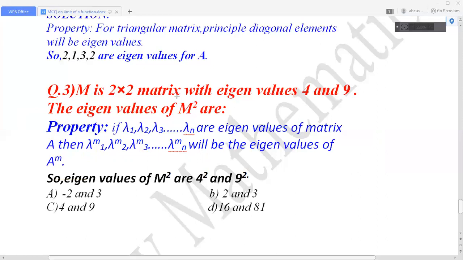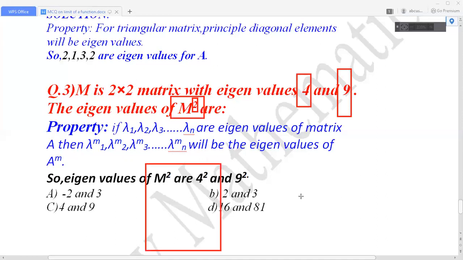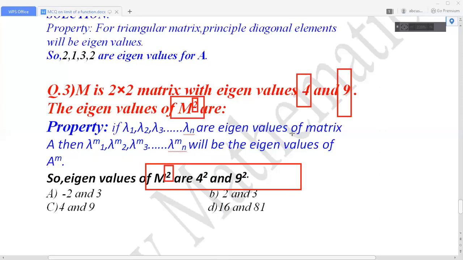Here we have to find the eigenvalues for the matrix M square. So we have to give the power to each of the eigenvalues. The eigenvalues for M square will be just 4 square and 9 square, just giving the same power to each eigenvalue of M. Here 4 square will be 16 and 9 square will be 81.